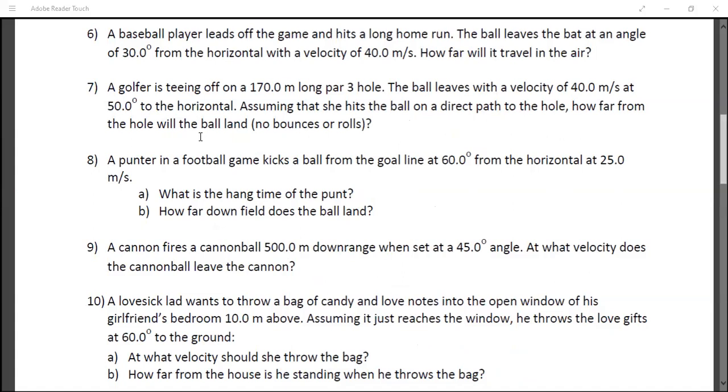Sir, and here we should take the angle as 60 only, no, sir? Yeah, for calculating R by 2, angle is 60 only. It is not going to change, since it is a complete projectile. Since we are talking about the maximum height, at the maximum height it is symmetric on both the sides. So the entire range will be divided into two equal parts.